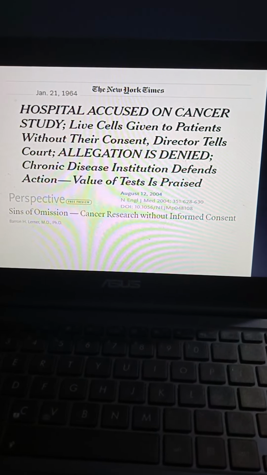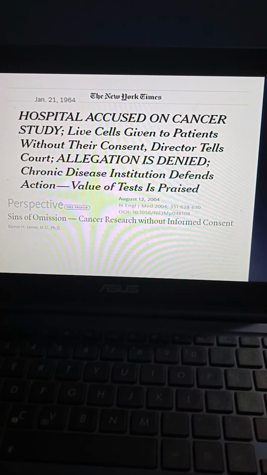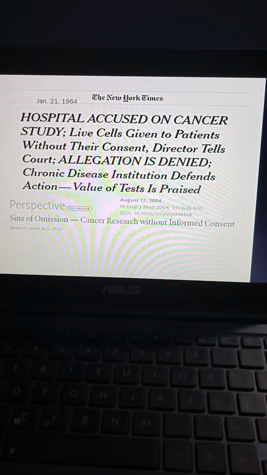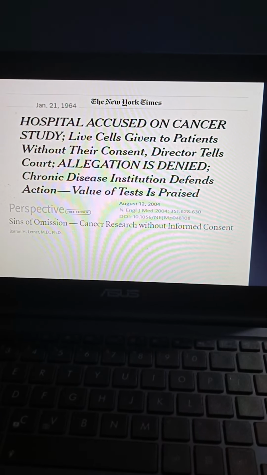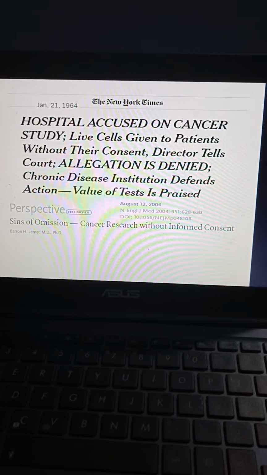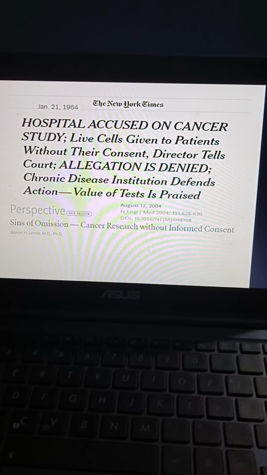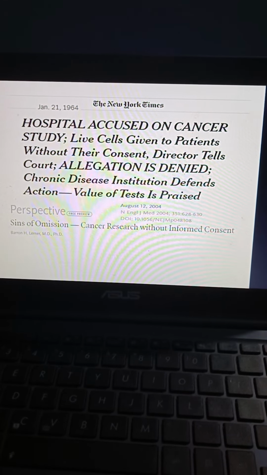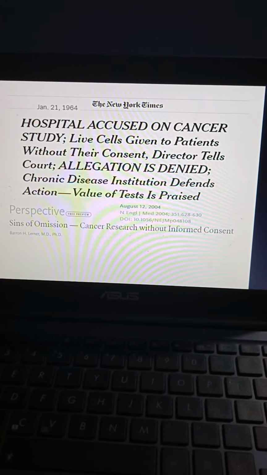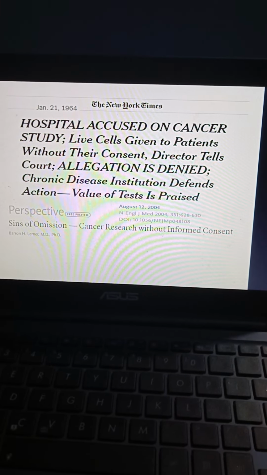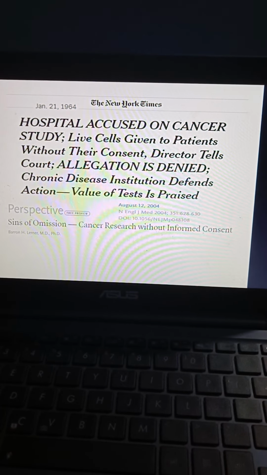Hospital accused on cancer study: live cells given to patients without their consent, and the director tells court the allegation is denied; chronic disease institution defends action, value of test is praised; sins of omission, cancer research without informed consent. That is the violation of good clinical practice.